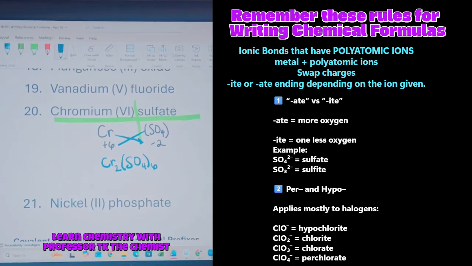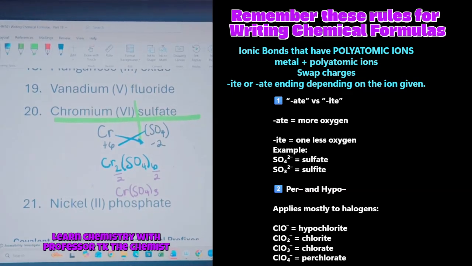Now, you can either leave it like this, or you can reduce it by dividing both of them by the smallest number, and you end up with CrSO4 3. But you would have to know that this is chromium Roman numeral 6 sulfate. Okay? You would have to be able to recognize that.